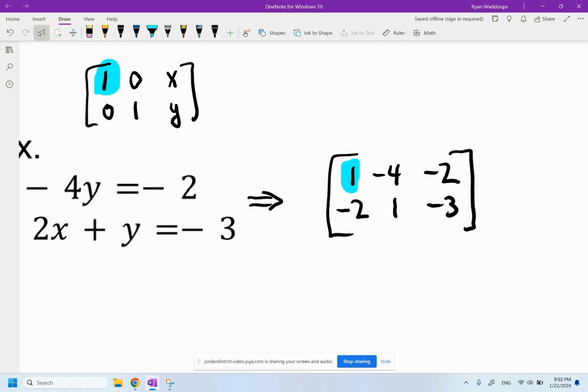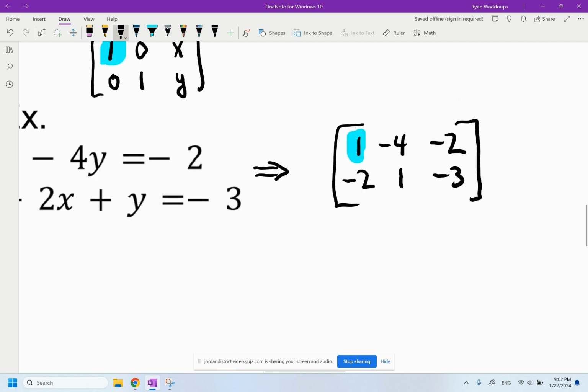But I think what would make this -2 a 0 is if I added it to 2. So if I take 2 times row 1, 1 times 2 gives me 2, -4 times 2 gives me -8, and -2 times 2 gives me -4.